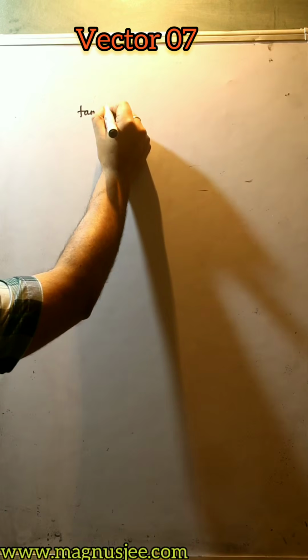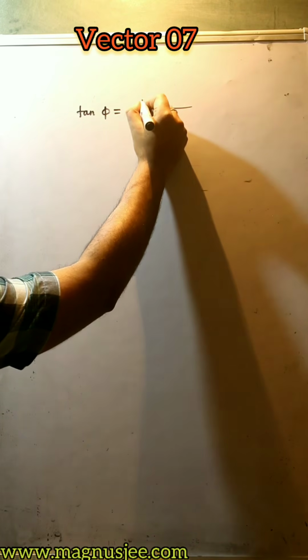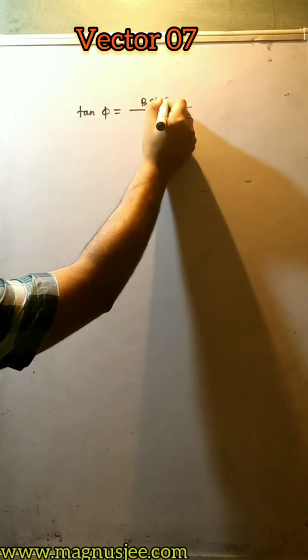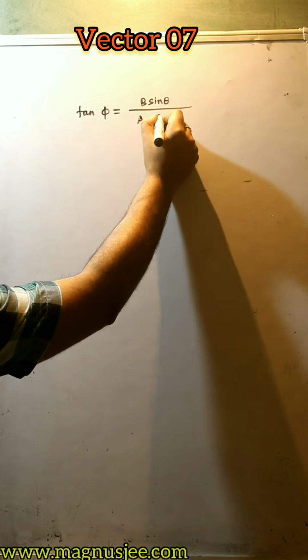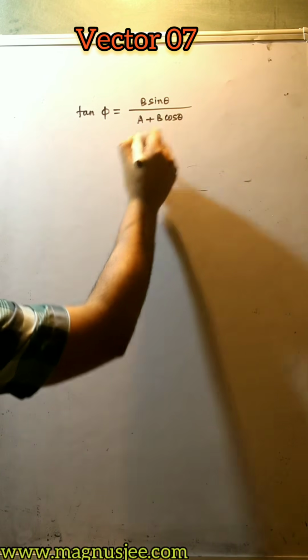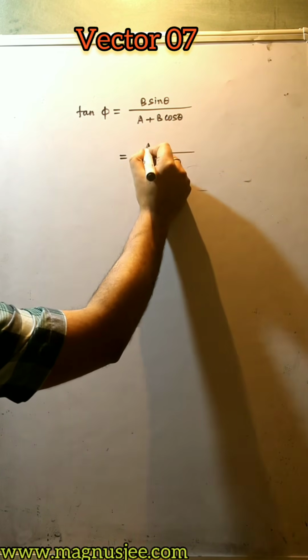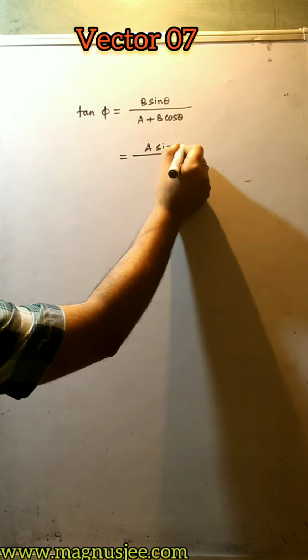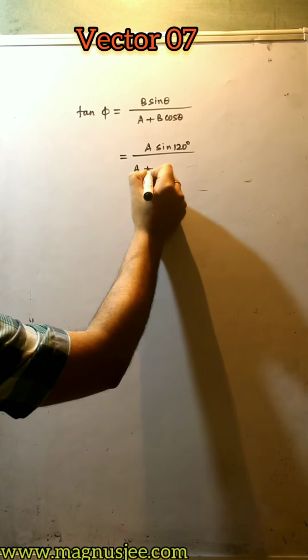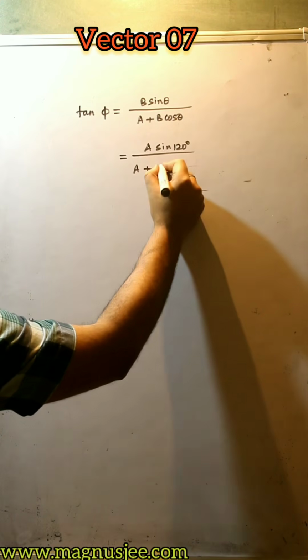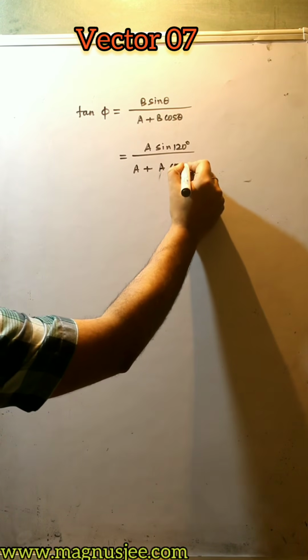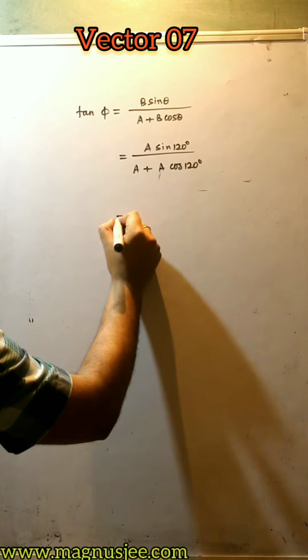Tan phi equals B sin theta divided by A plus B cos theta, equals B sin 120 degrees. So in place of B we can write A, since B equals A: A sin 120 degrees divided by A plus A cos 120 degrees.